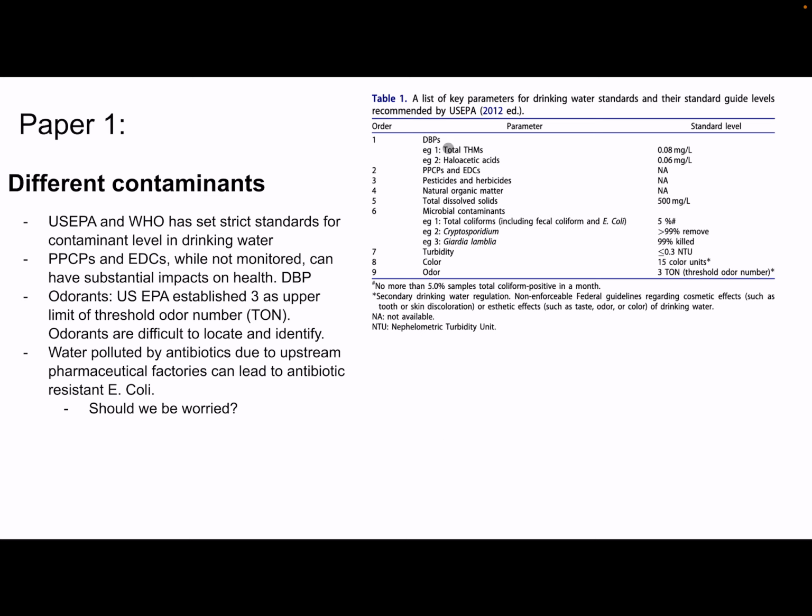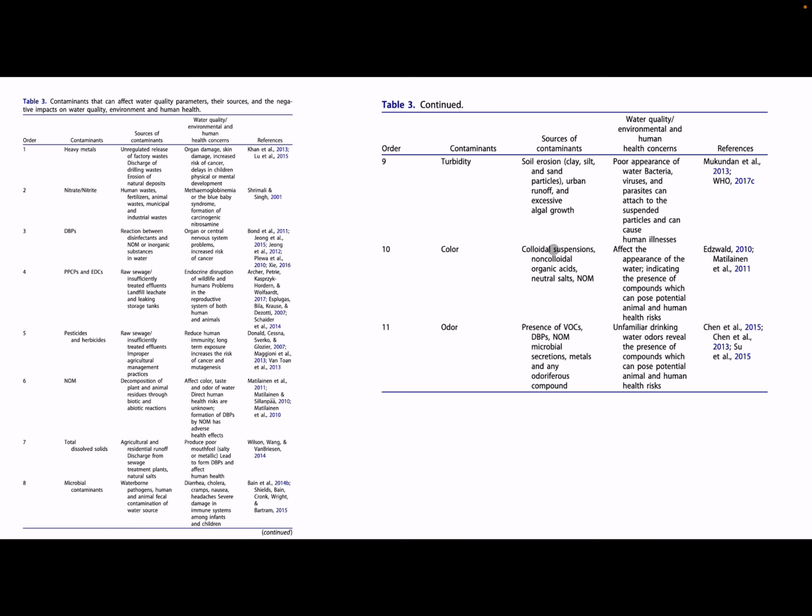And then this chart here just shows the different chemicals and their set standard levels that we should keep in mind, and this is probably most important for E. coli and something we can keep in mind when we're testing how the biochar works. So this table continues on and shows the different contaminants and where they are found.